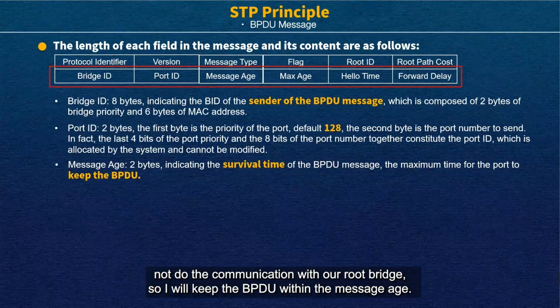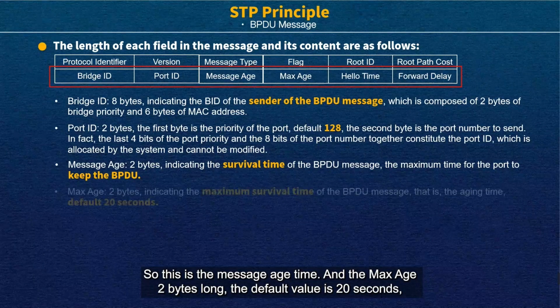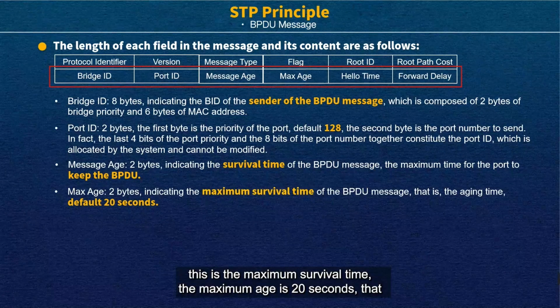So I will keep the BPDU within the message age. This is the message age time. And the maximum age, 2 bytes long, the default value is 20 seconds. This is the maximal survival time.